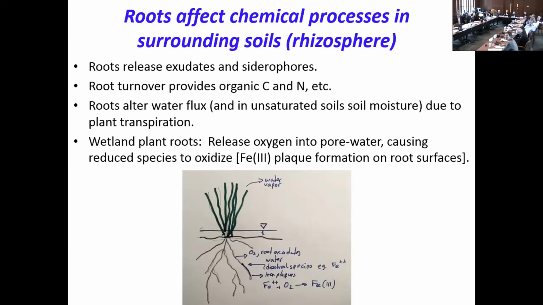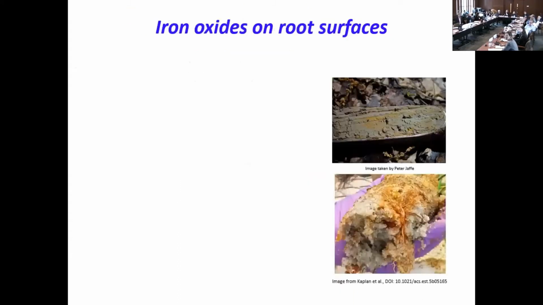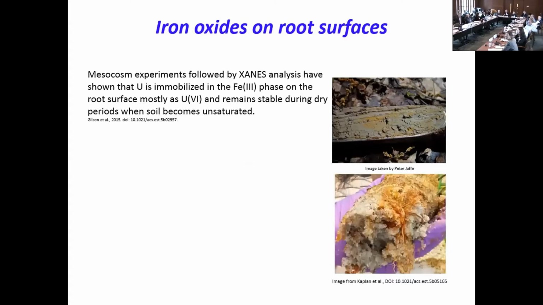It comes in contact with the oxygen that diffuses out, and you have these iron plaque formations. Here are some pictures. This is something I took at a field site where you have these iron oxides, and these are experiments in the lab, where you can very clearly see how around the root we have these iron oxides being formed. That affects your sorption, that affects possible reactions that you may have in soil, etc.